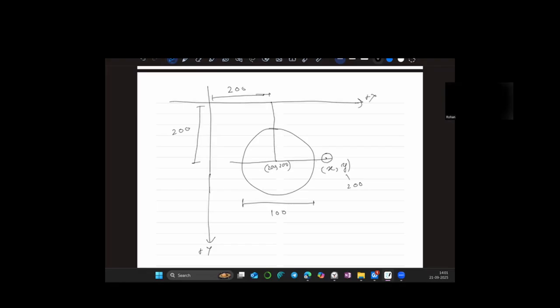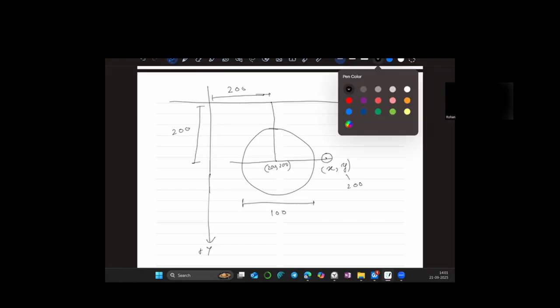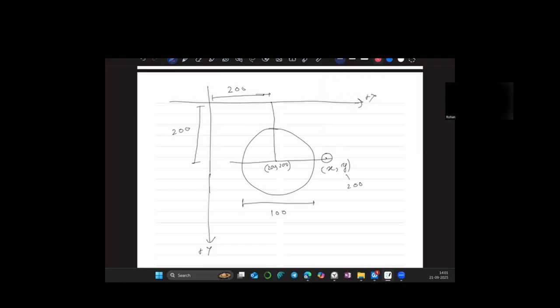That means this part is 50, which also means this part is also 50. That means on the x-axis, this point is 250.